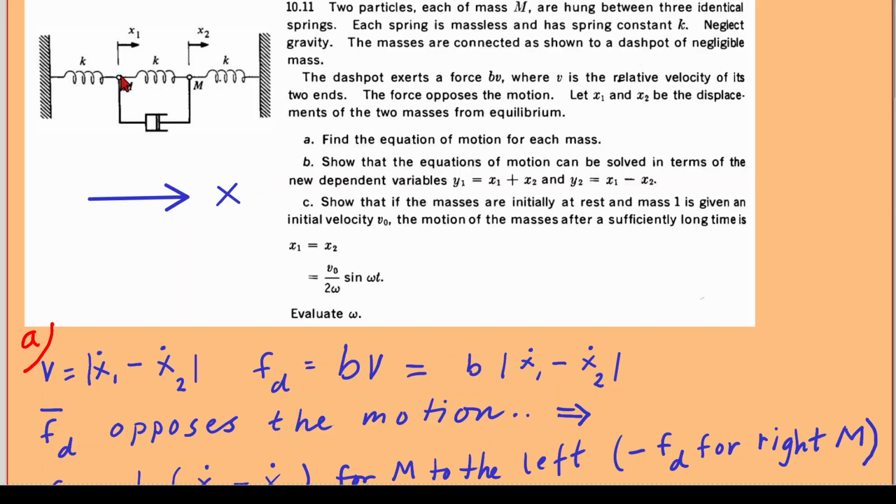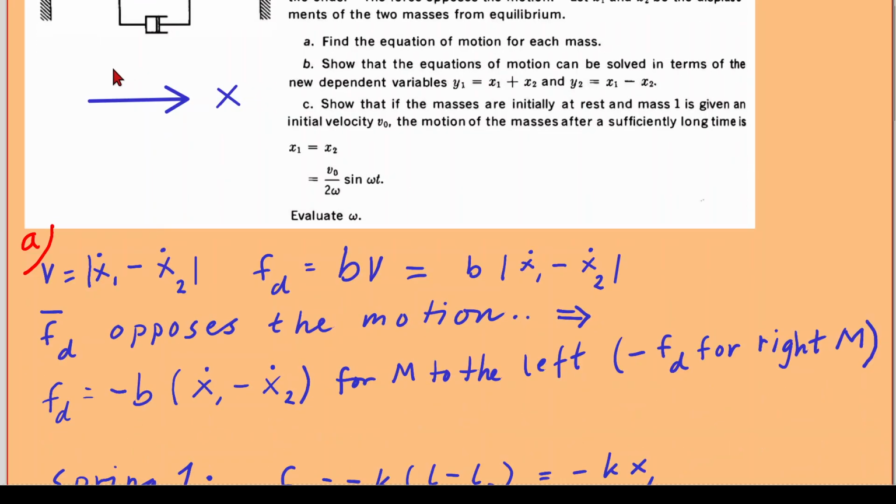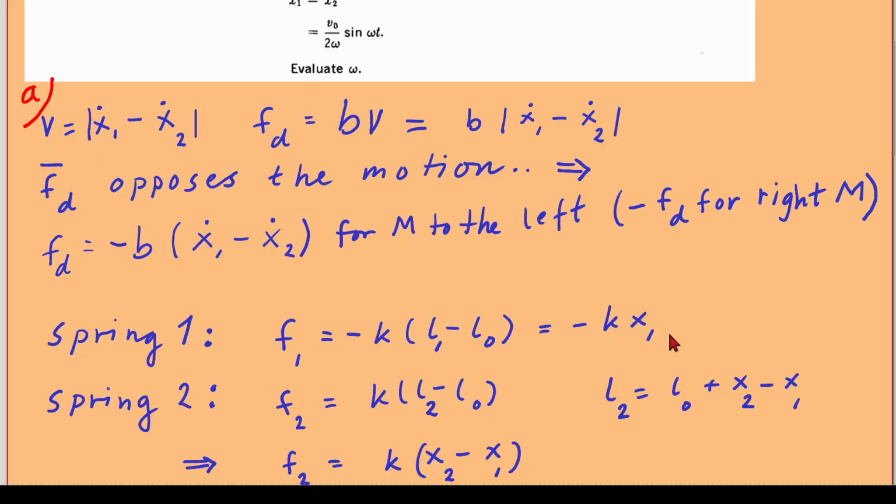But as you can see, if we extend this in that direction to L, then the total length minus the natural length will be just the variable x1. So the force, simply Hooke's law, from the variables that we are looking at, can be written as minus k x1.